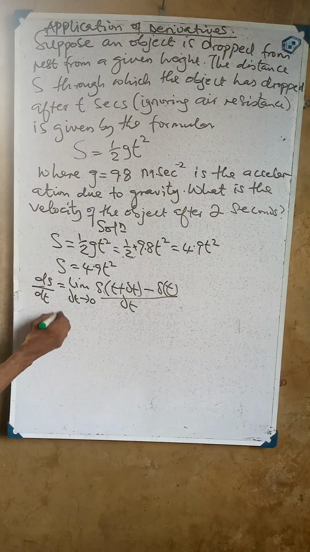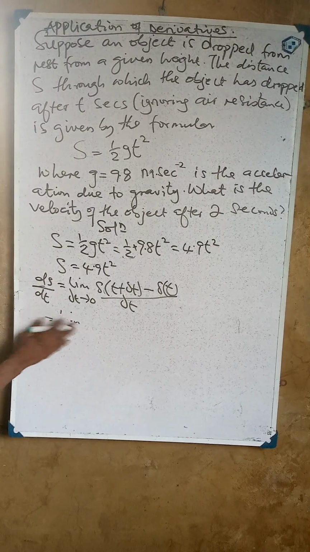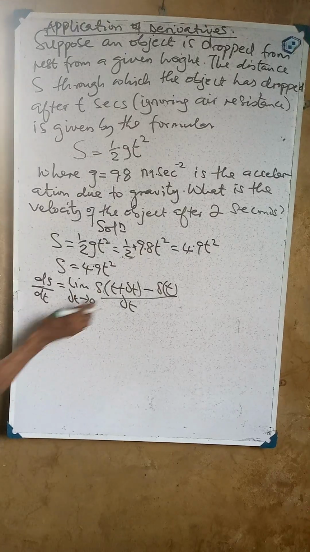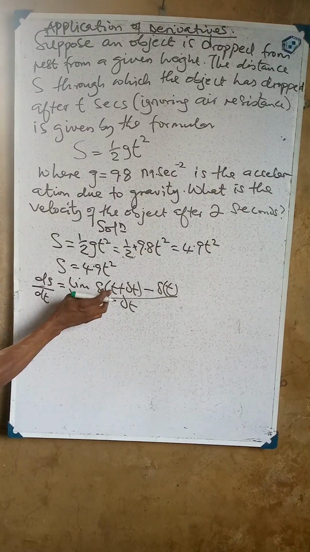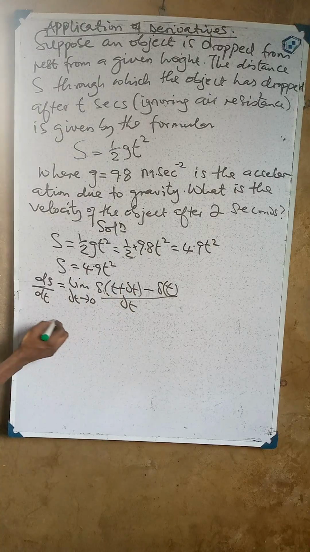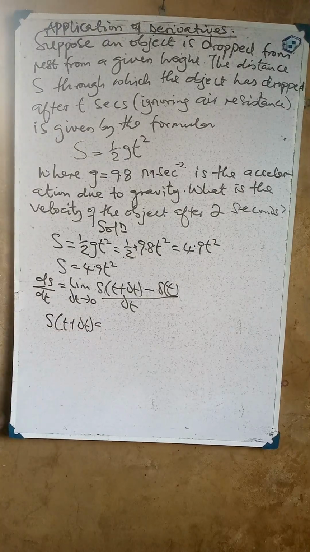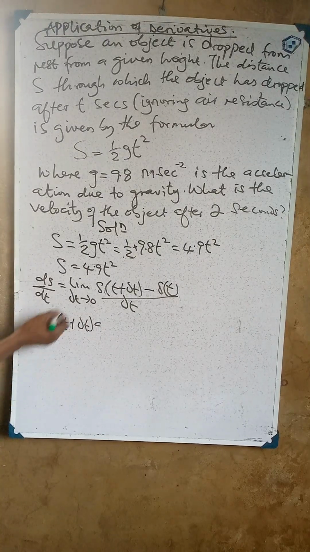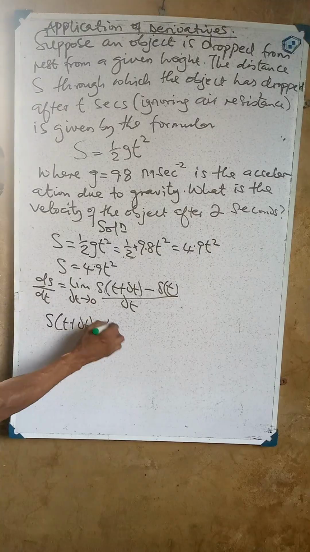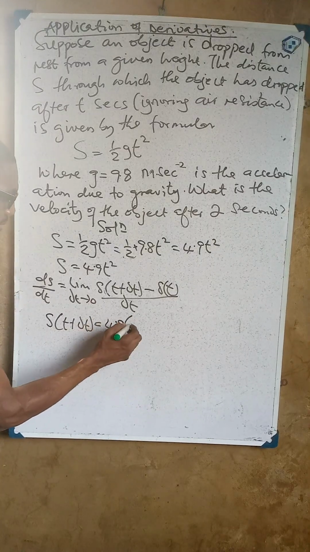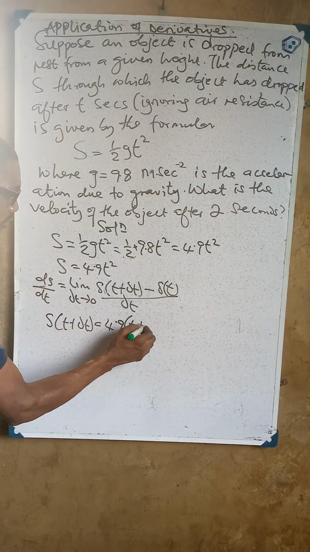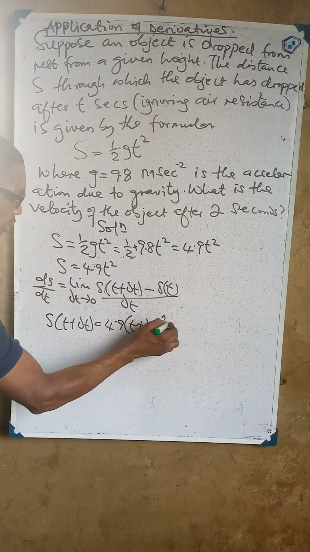We have the limit here. Let's get our s(t plus Δt). So our s(t plus Δt) is equal to 4.9 times (t plus Δt) squared.